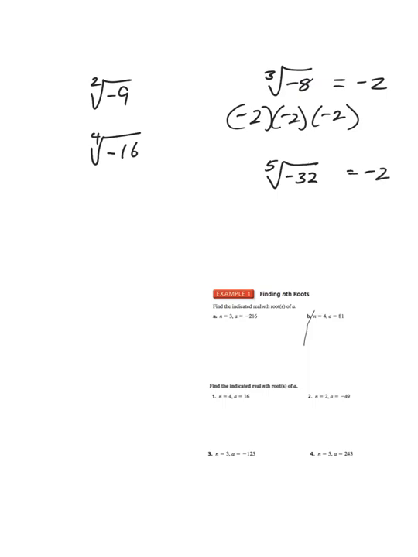Now that we're dealing with bigger roots, we need to recognize that we can take the odd root of a negative number: the third root, the fifth root, the seventh root. Can we take the even root of a negative number? And the answer is no.